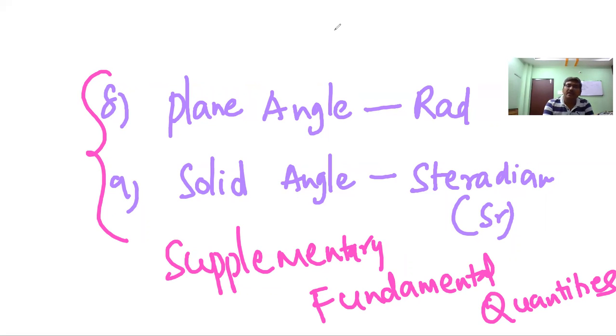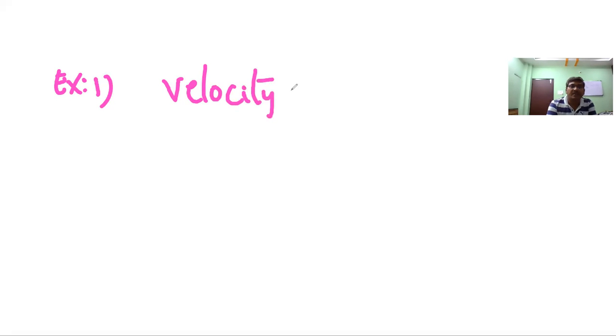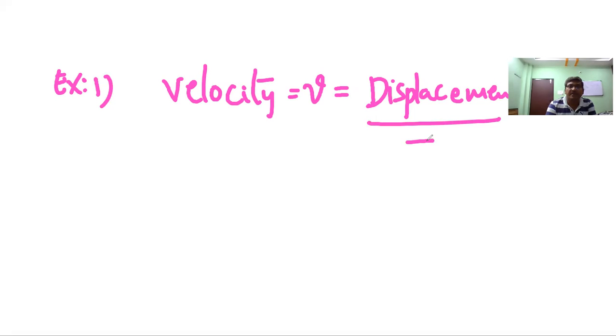Let us deal with some examples in terms of dimension formulae and units. Let me take one simple example. Example 1, velocity. Its notation is small v. Definition is displacement divided by time.